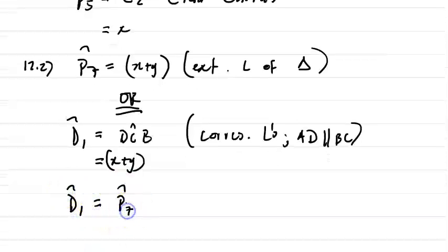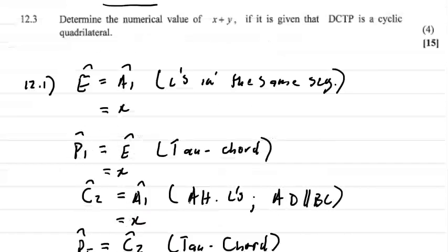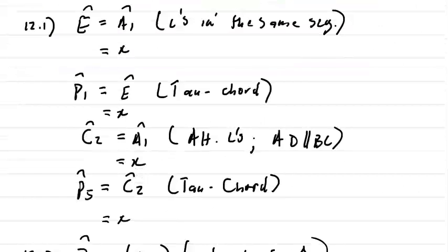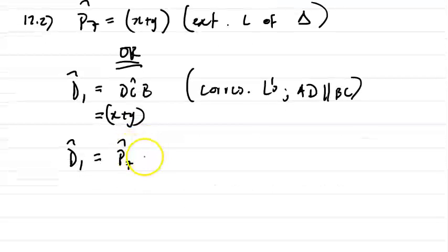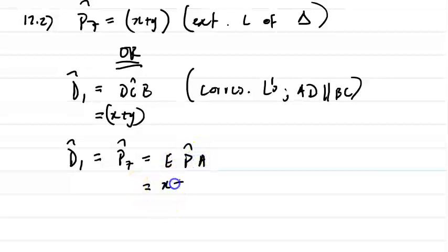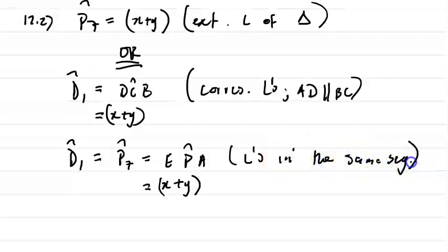I can write it the other way around, that P7 equals D1, or whatever they ask me to find, which is EPA, and that's equal to X plus Y. Then I'll just write down angles in the same segment. So that about covers it there.